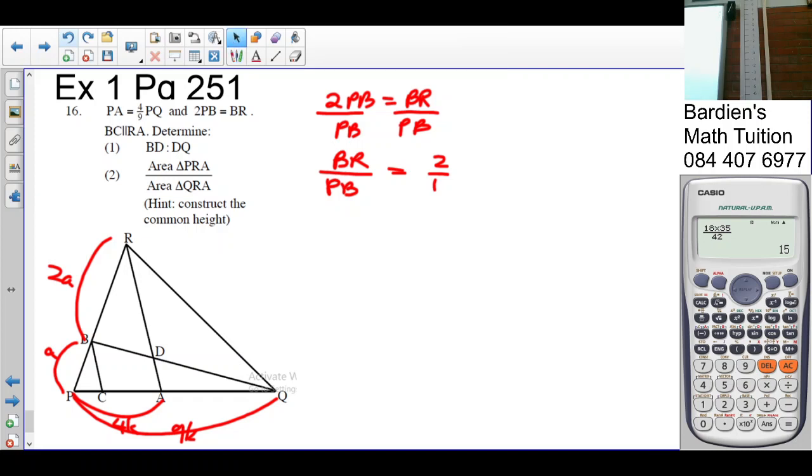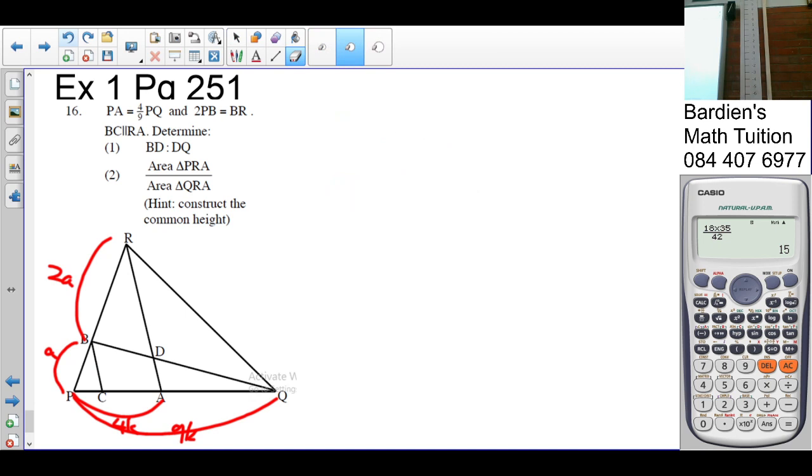So the question now is, then we are told that DC is parallel to RA. That's why I'm saying DQ. Right.